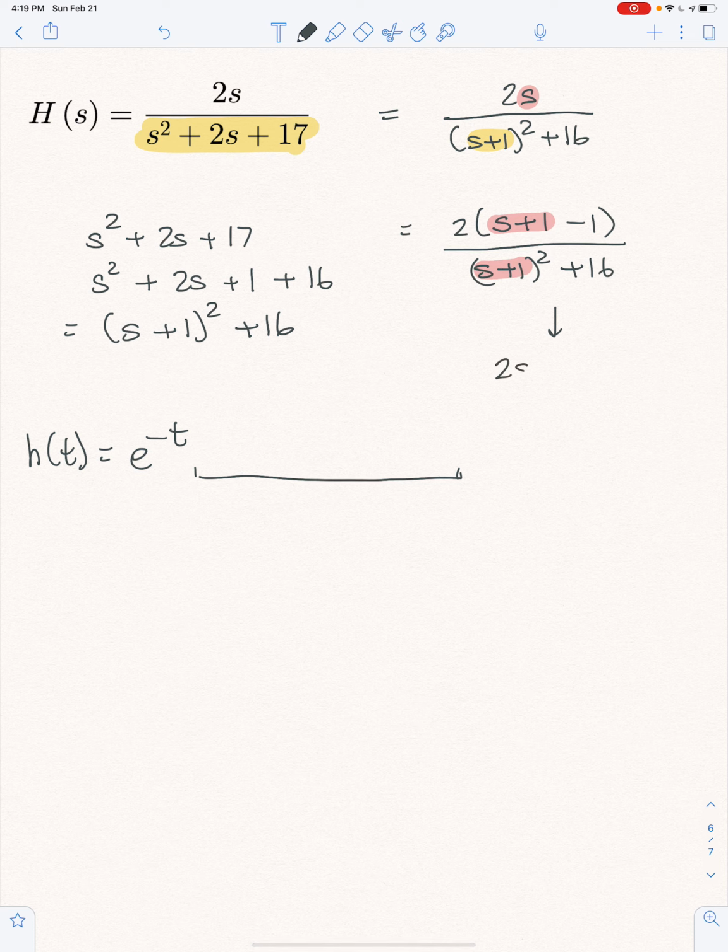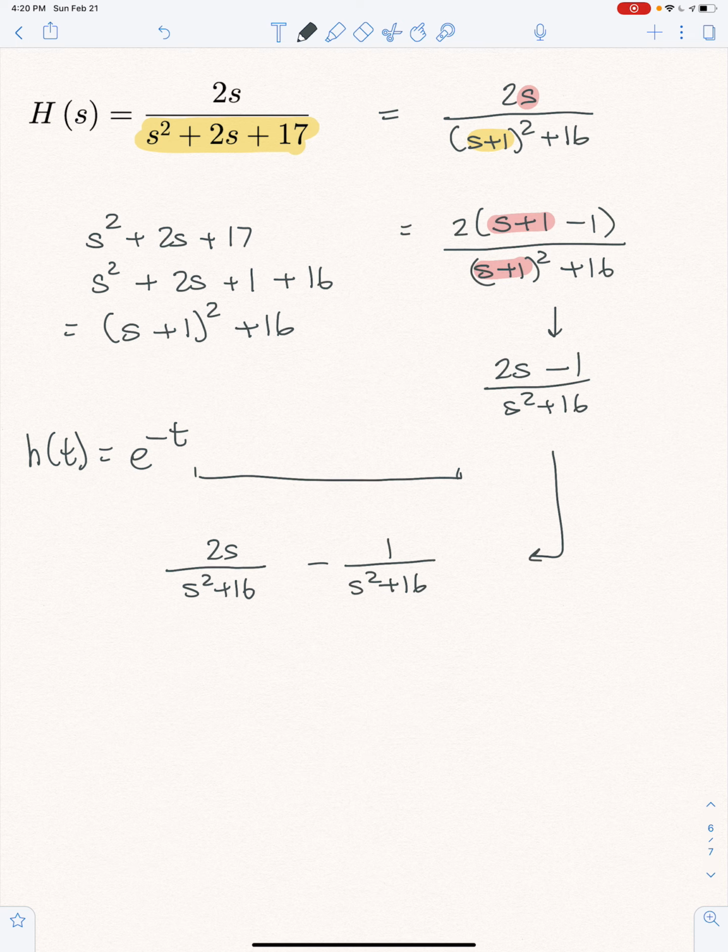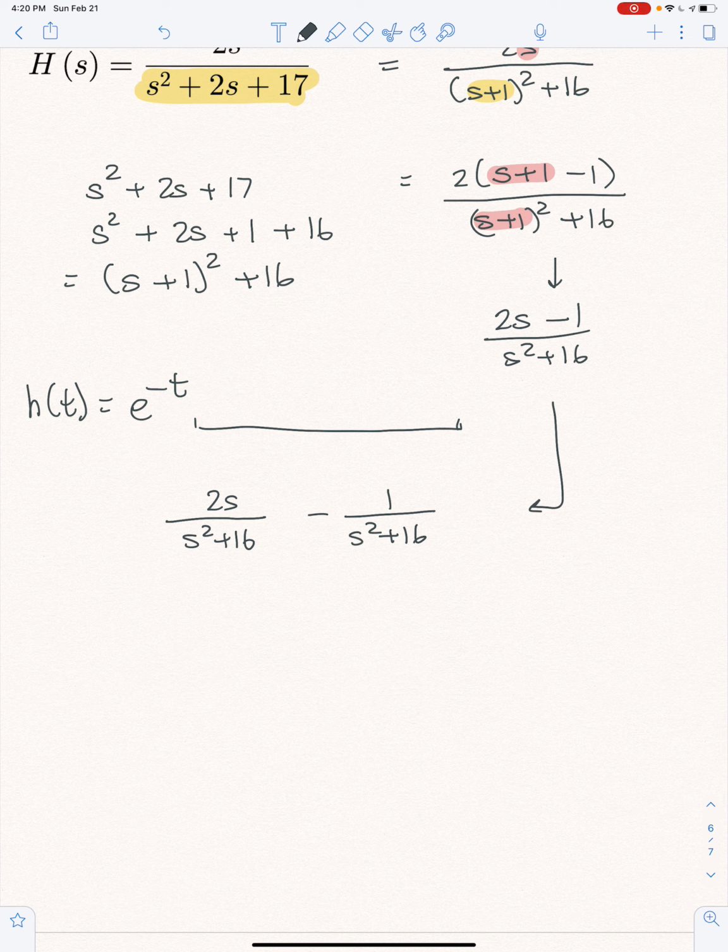So this is 2s minus 1 over s squared plus 16. So what does that correspond to? Well, I'm going to break up the function so that we can look at these separately, because we know that s over a sum of squares is a cosine, and we know that a constant over a sum of squares is a sine. So remember that cosine of at transforms to s over s squared plus a squared.